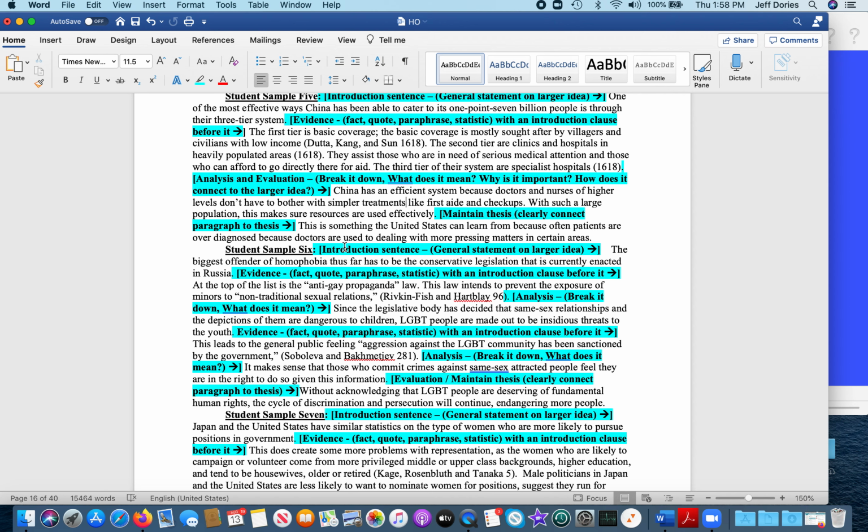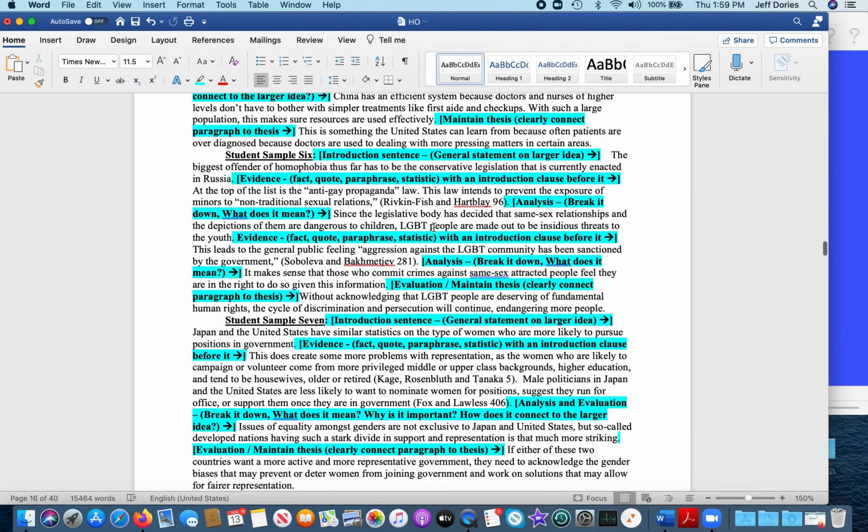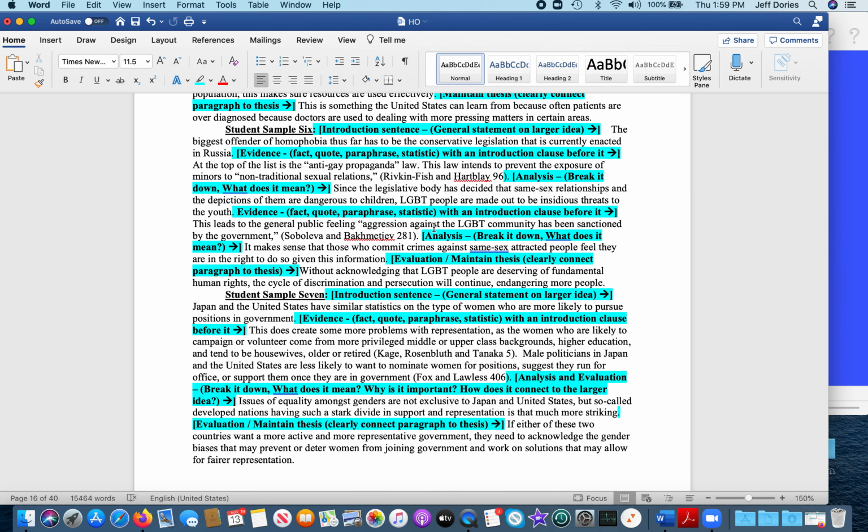And then maintaining their thesis. This is something the United States can learn from because often patients are overdiagnosed because doctors are used to dealing with more pressing matters in certain areas. Okay, that's clear. It's clear what their thesis is, right? That works. So the biggest thing here is this should be 2 to 3 paragraphs, and this evidence should be broken up. Okay. Student 6.